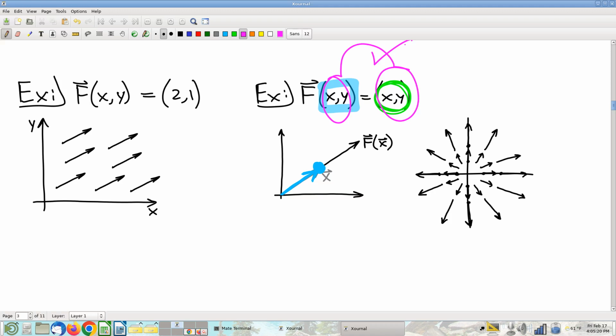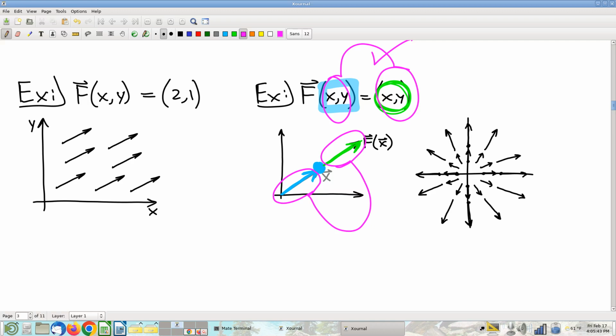So when I draw this green arrow, I'm going to be deliberately drawing a vector that is the same vector as the position vector for that input point. What do you think? Everybody see how that works? Okay.